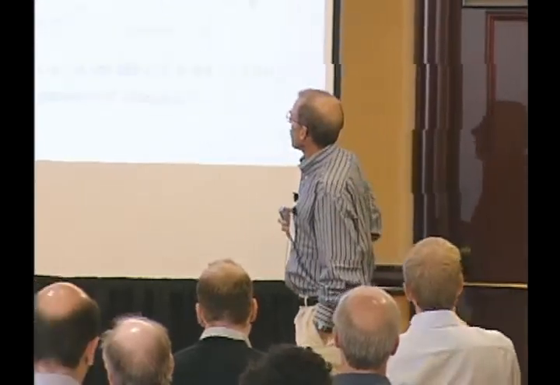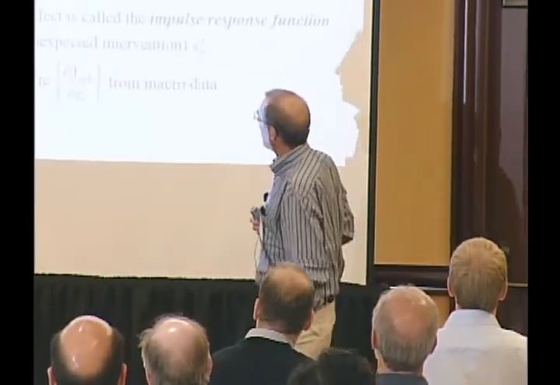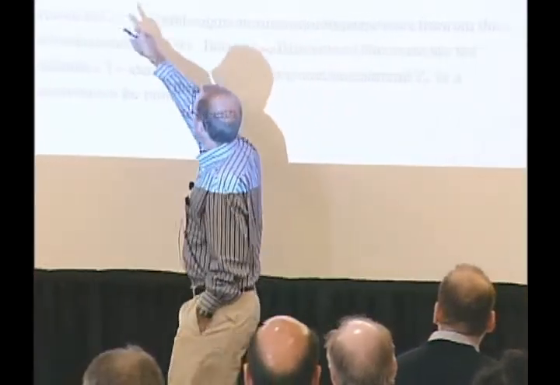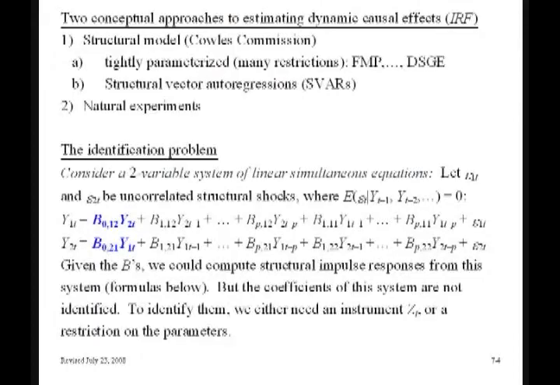And in the case of k equals 2, if you just go right up here, you can just see what's going on. Suppose, just for the sake of argument, that we had some theory that says that y2 actually doesn't appear in the y1 equation. Then you've got an exclusion restriction, and it says that you could estimate this.